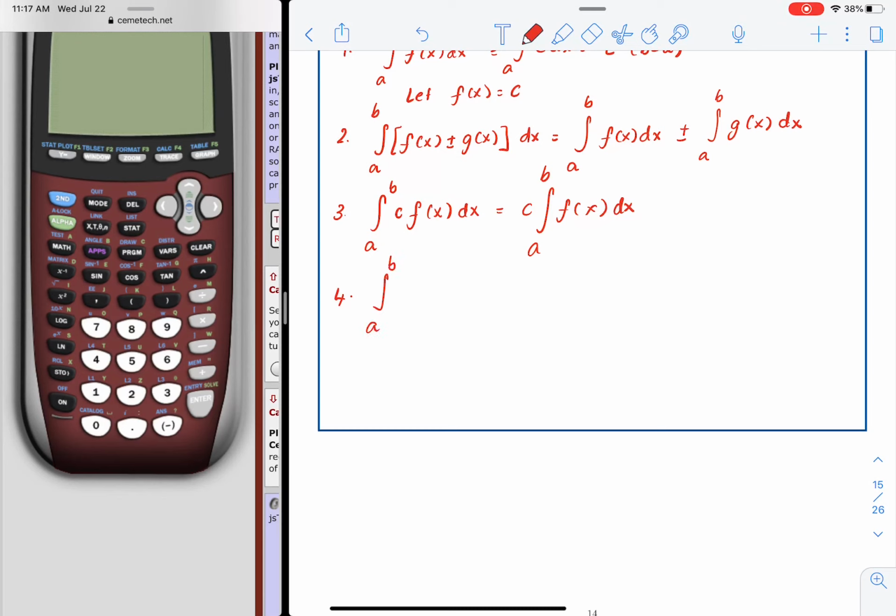The integral from a to b of f of x dx is equal to negative the integral from b to a of f of x dx. In the sense, if we switch the limits, then the sign flips. So I go from a to b to b to a, so the magnitude of the integral would be the same, but the signs will get switched.